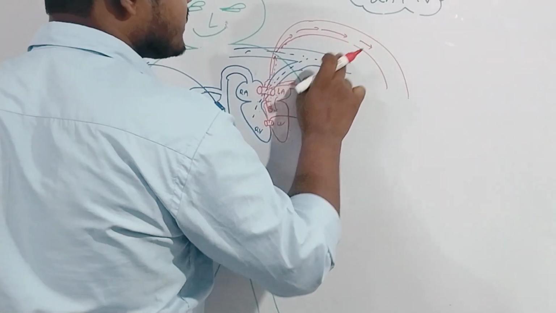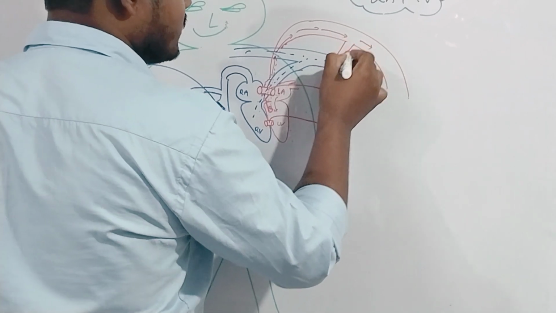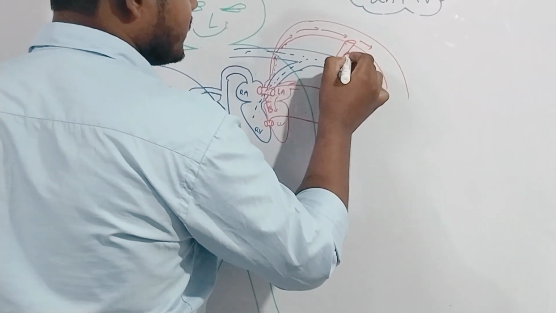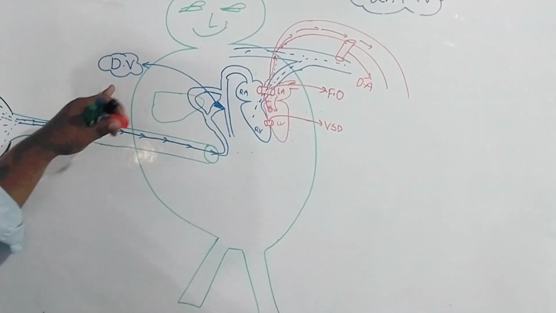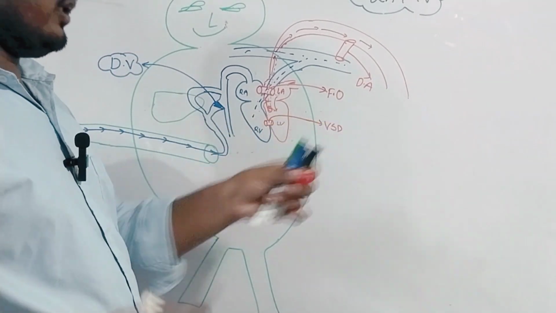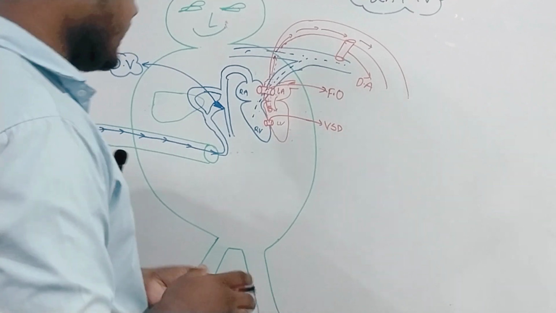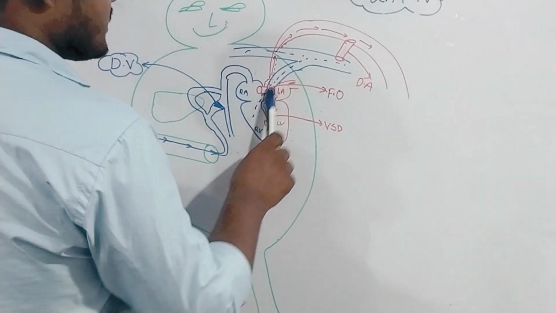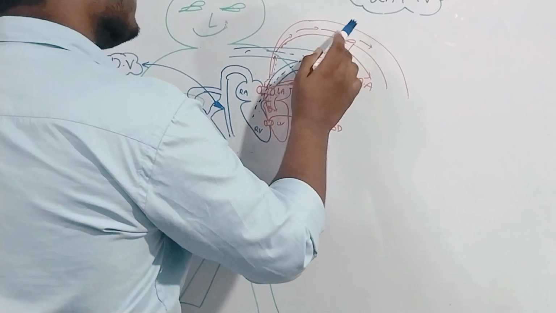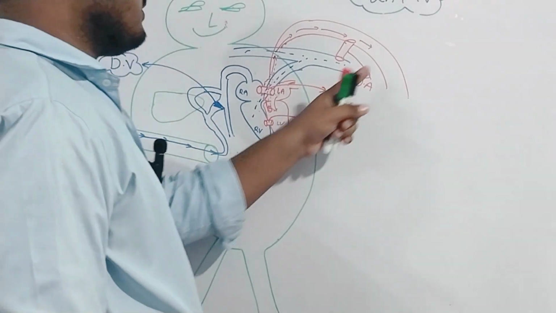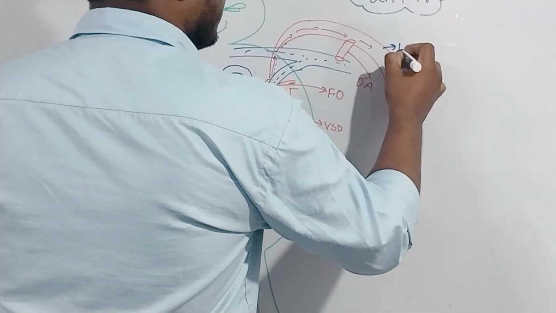Here between the pulmonary artery and the aorta there is a special connection called the PDA, or ductus arteriosus. Here is the ductus venosus, and here it is the ductus arteriosus. Whatever blood comes into the pulmonary artery is taken up by this PDA again to the aorta.